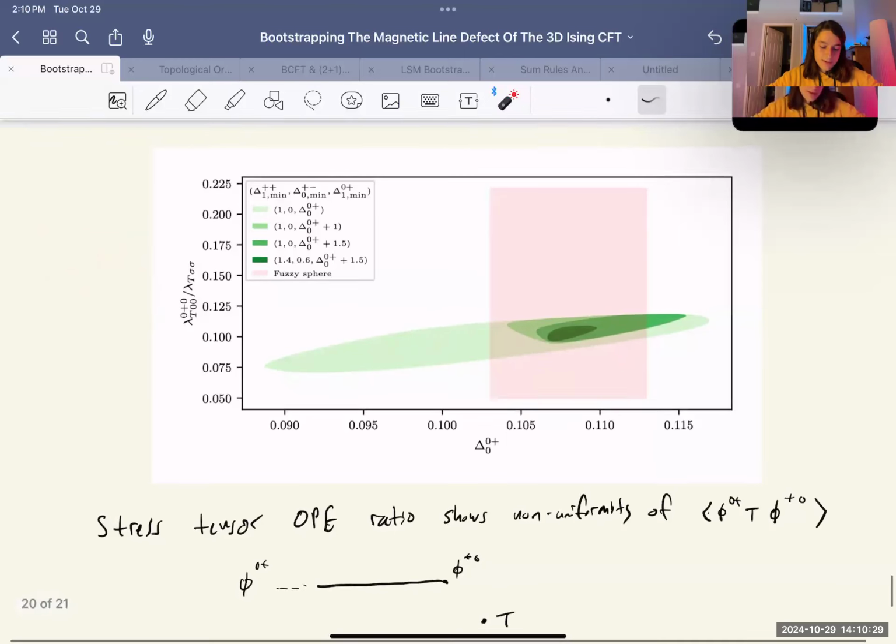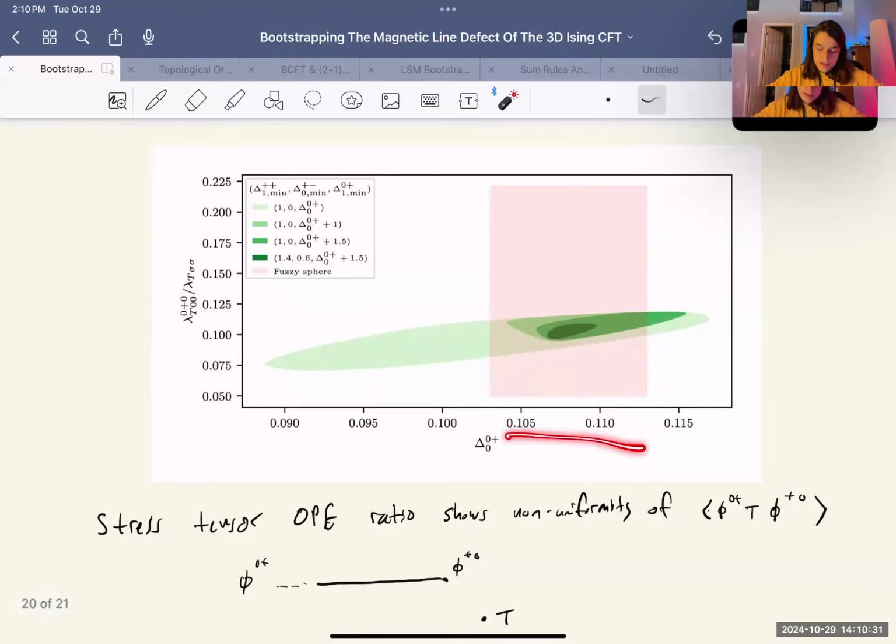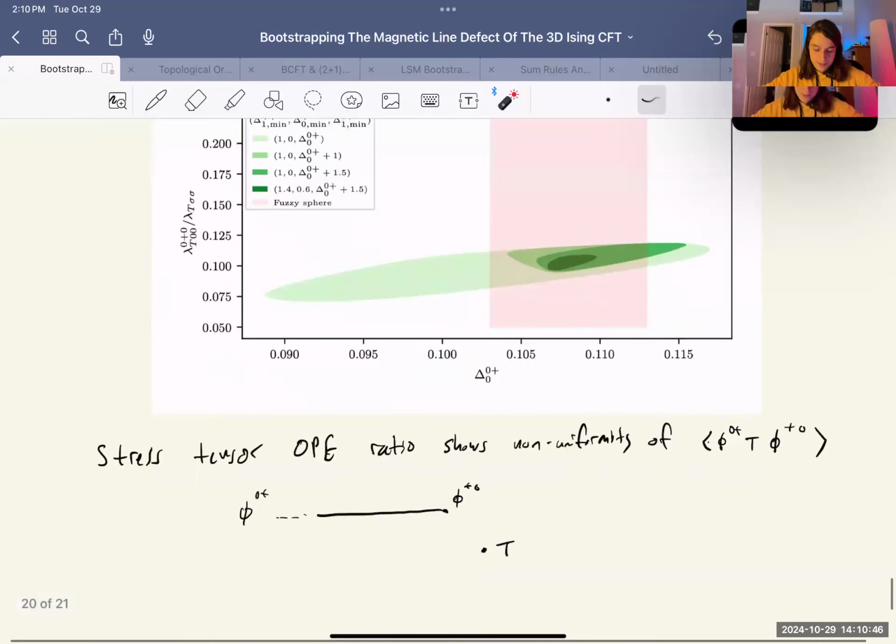If we know that the dimension of delta phi 0 plus is about 0.1, then we would expect this to be like 0.2, since the dimension of delta sigma is about a half. But we found it to be like 0.1 again. So this confirms the intuition that consistency with the Ward identity should indicate that this value should be less than 1, or less than what it should be for a local operator. So I think that's kind of nice.